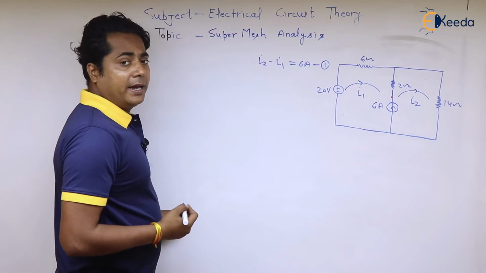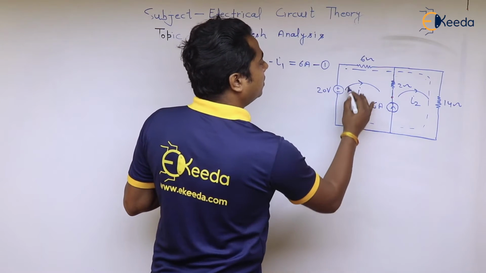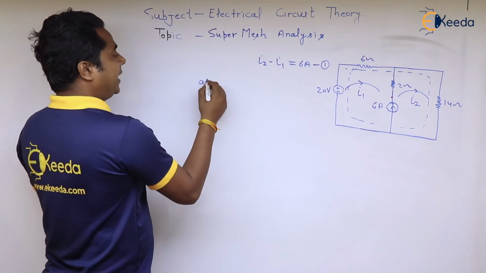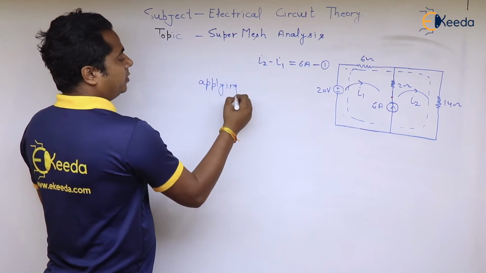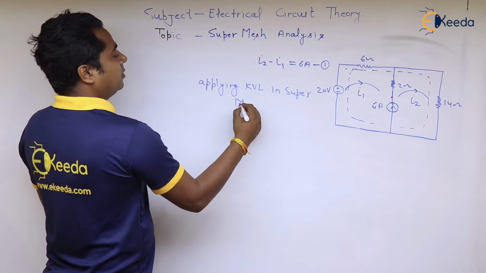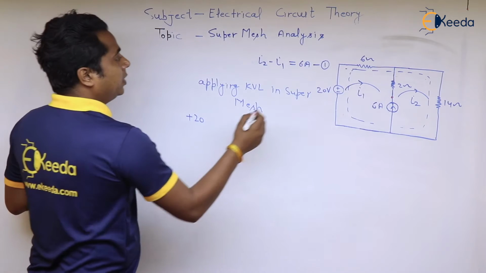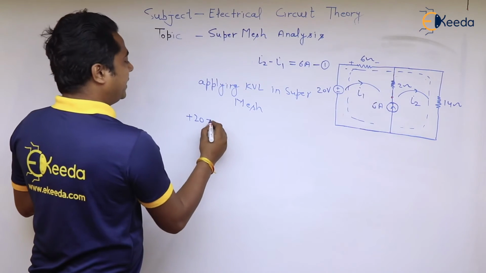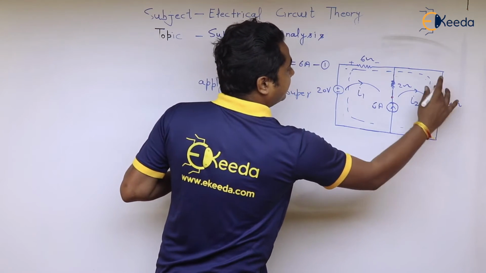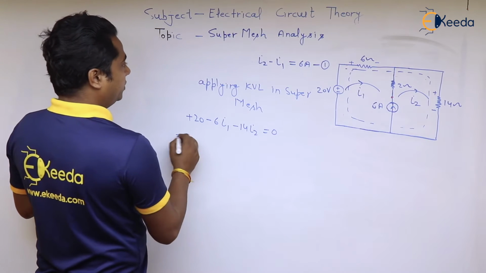Now we will apply the super mesh analysis. We can write the KVL in the super mesh: minus 2 plus 20, plus minus 6 I1, plus minus 14 I2, is equal to 0.